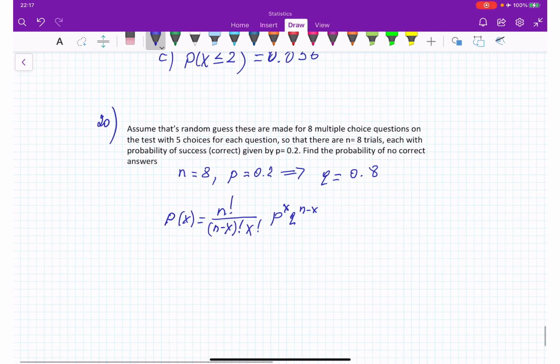And the last question, again the same way, assume that the random guesses are made for 8 multiple choice questions on the test, so that n is 8 trials, each probability of success is 0.2. Since you have 0.2, you can use a table of binomial distribution, which is given right in the problem of question number 20.